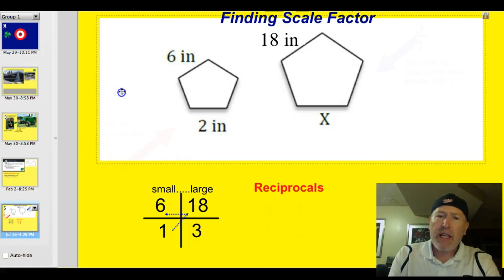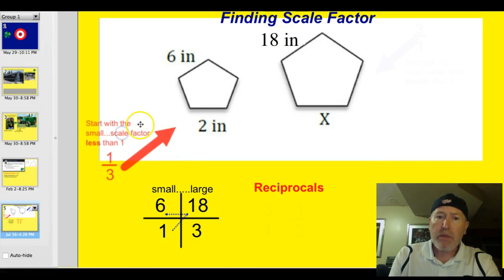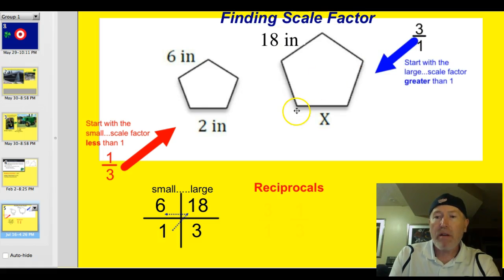What they're saying is that, starting with the small one, this is 1 to 3, 1/3. This one over here, it'll say that this one is 3 to 1.